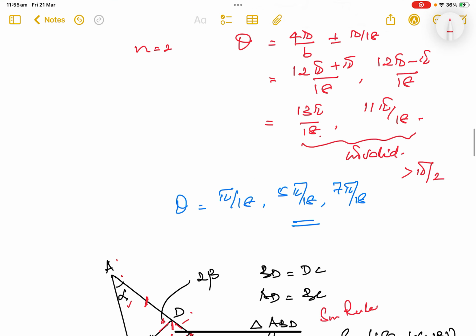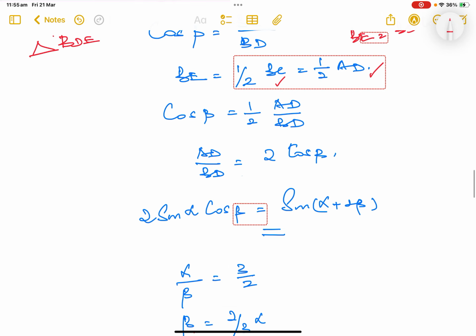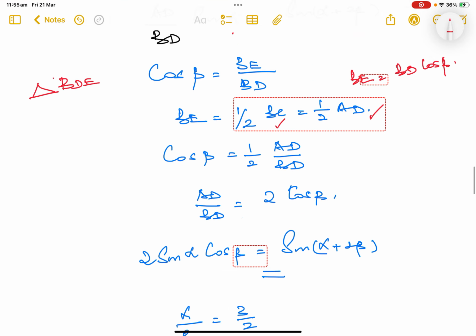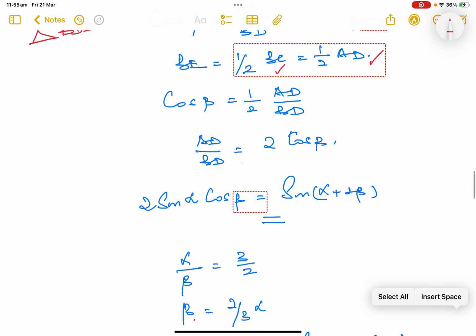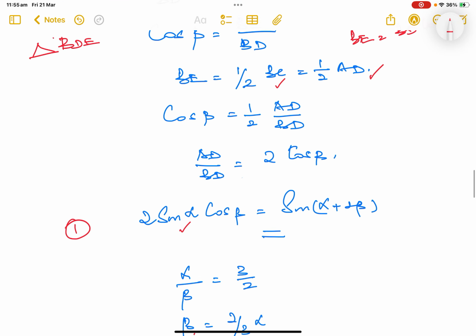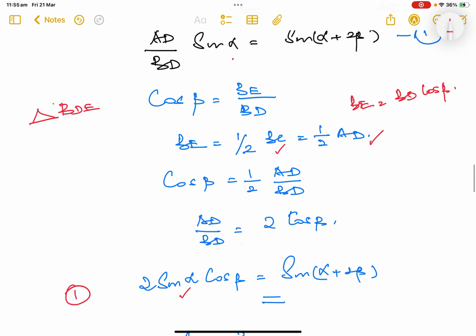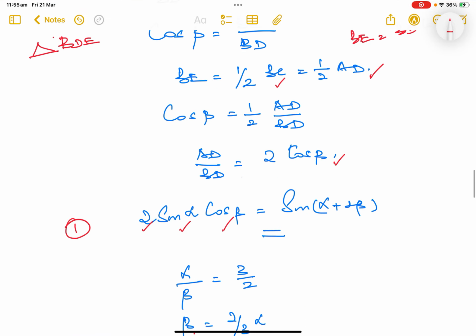First of all, we found this AD. If you look at equation 1, we have sine alpha there, and then AD over BD, that is 2 cos beta, so 2 sine alpha cos beta equals sine alpha plus 2 beta. This is what we have been asked to prove.